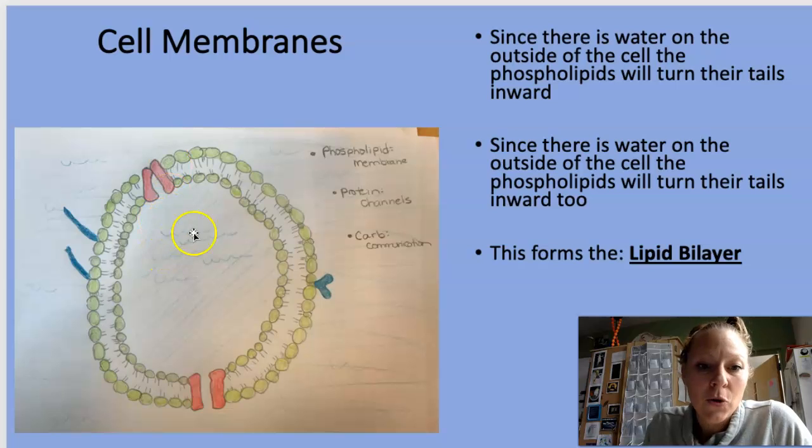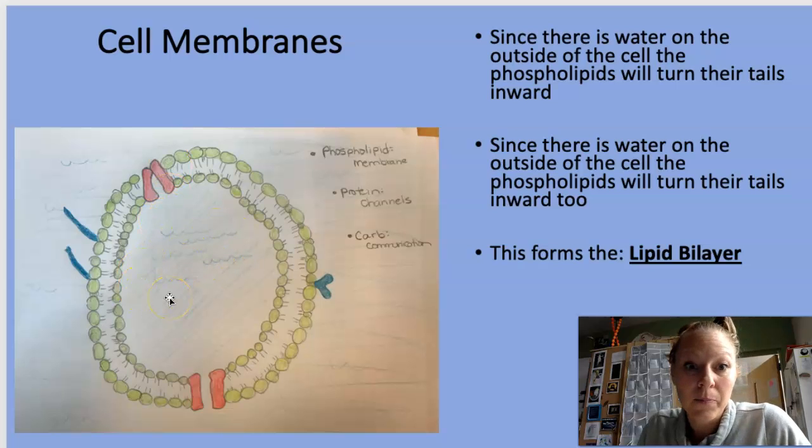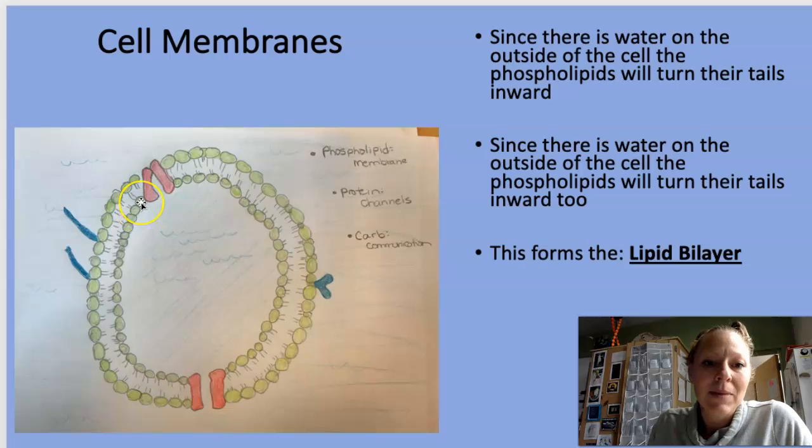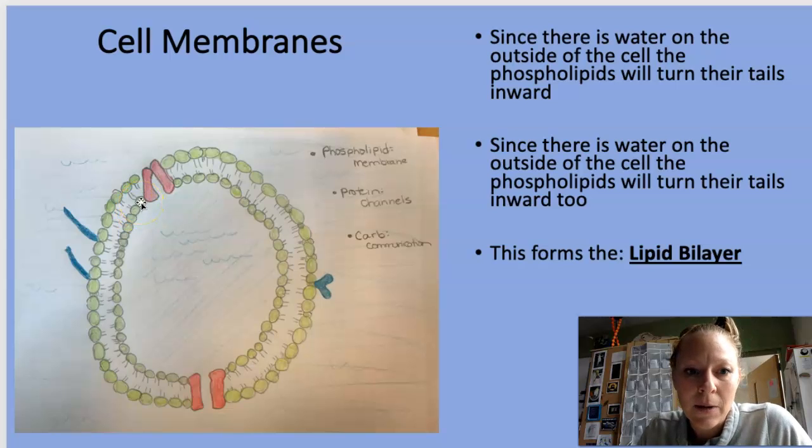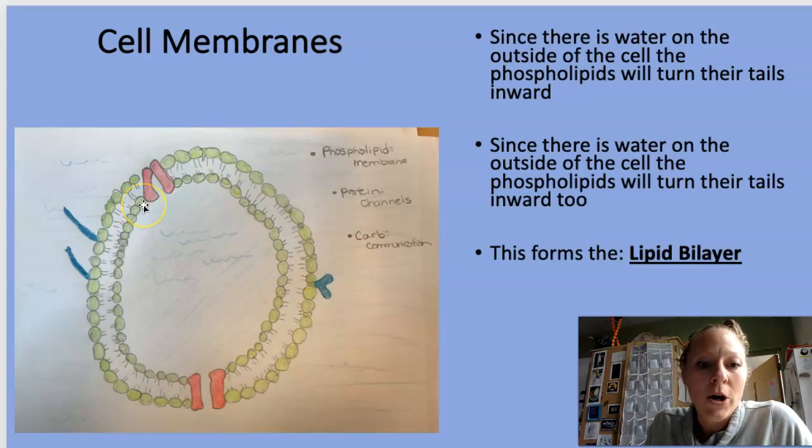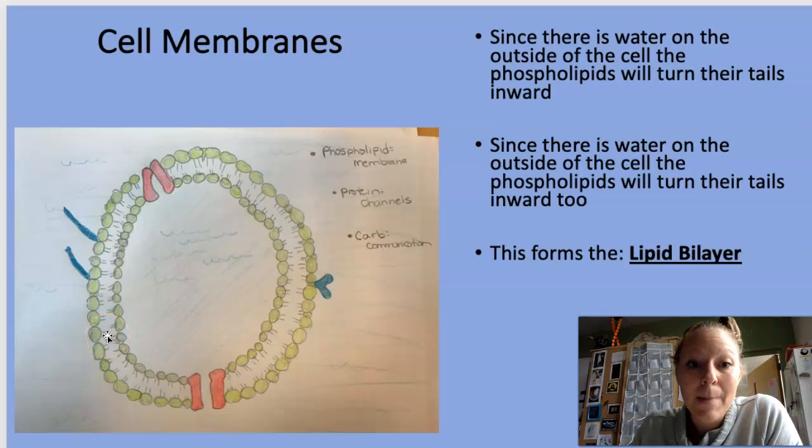But then there's also water on the inside of the cell. And so that makes the phospholipids on the inside of the cell turn their water-loving heads towards the water and their water-fearing tails away from the water. And so what this does is it forms a lipid bilayer. This should make a lot of sense. A lipid, because these are lipids, phospholipids, Bi is the prefix for two.